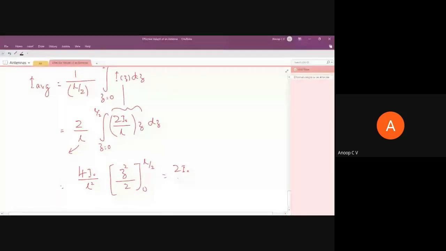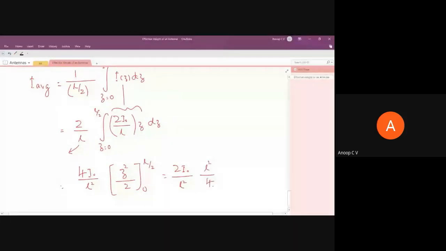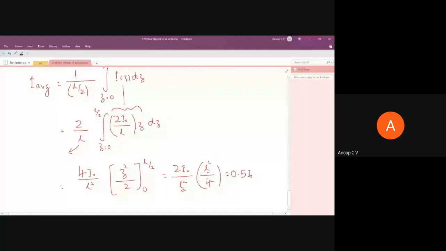If you apply the limit you will get L square by 4. So L square and L square get cancelled, and 2 by 4 is 0.5. So I average is equal to 0.5 I naught.